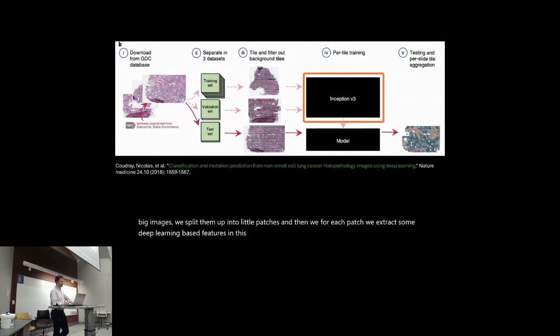In this case, using a pre-trained Inception v3 model that's been pre-trained on natural images, and we're making the assumption that a model trained on natural images, so pictures that we see all around us, will be expressive, at least to a certain extent, for histology images. And then you aggregate all those features together from all your patches and do some downstream computation.